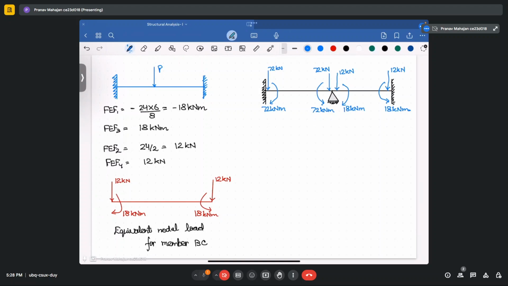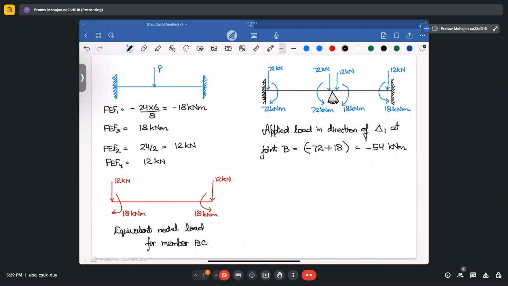Okay. So your applied load in direction of delta 1 at joint B will be equal to minus 72 plus 18, that would be equal to minus 54 kilonewton meter.